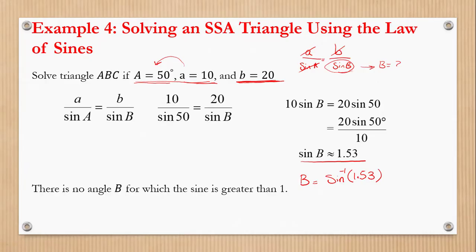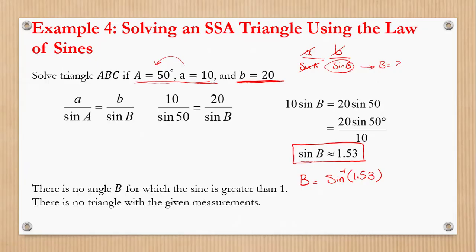There is no way to get a sine or cosine more than 1 or less than -1. But the result I got here for sine of angle B is more than 1, and that tells me it's not possible. So in this case, I have no triangle.